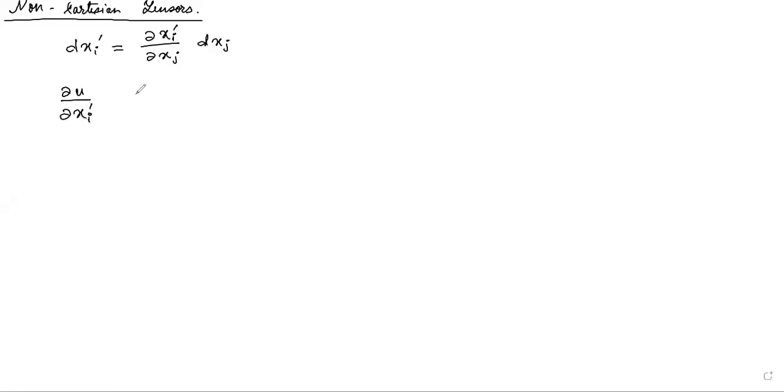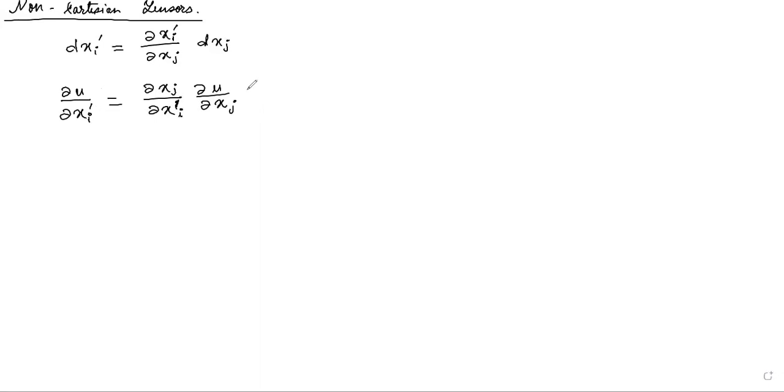Okay, here u is a function of the coordinates, and this is the partial derivative of the function u with respect to the prime coordinates, and this is equal to dou xj by dou xi prime, and dou u by dou xj.